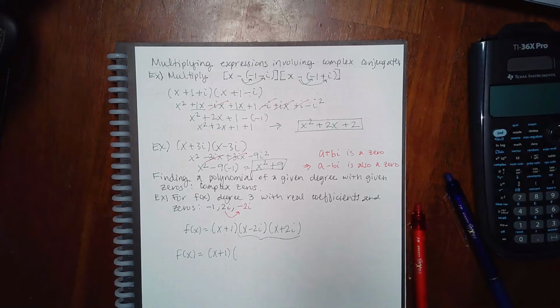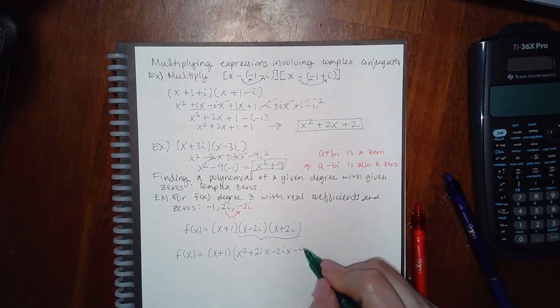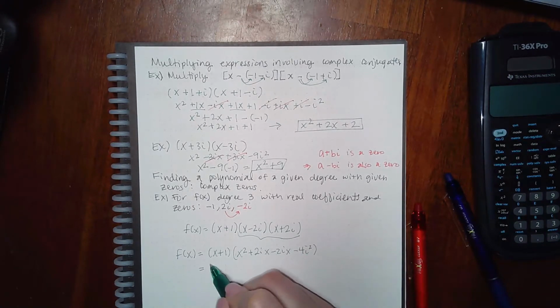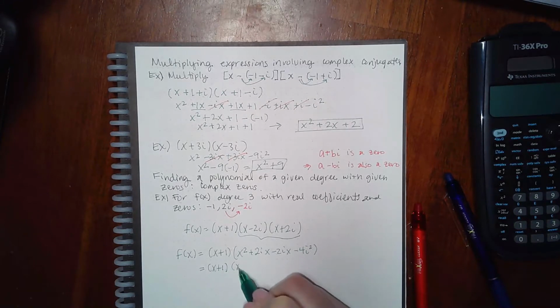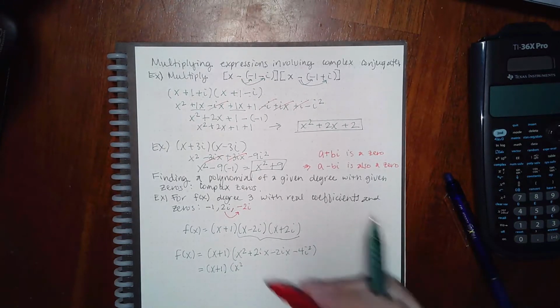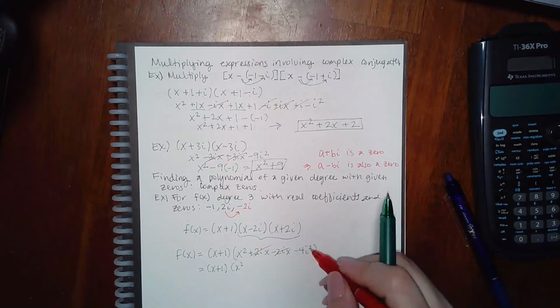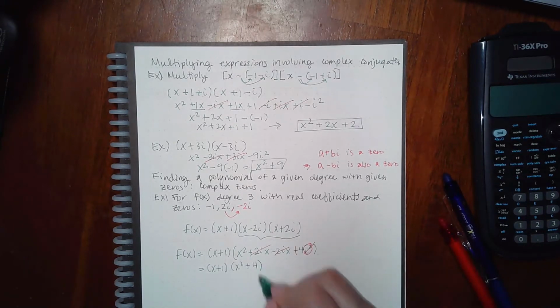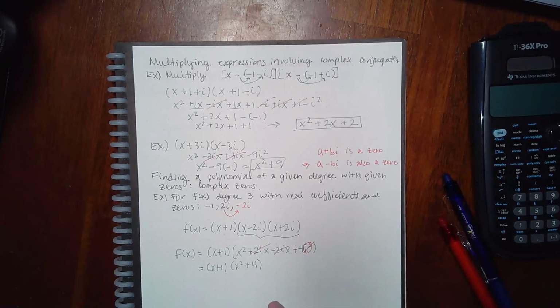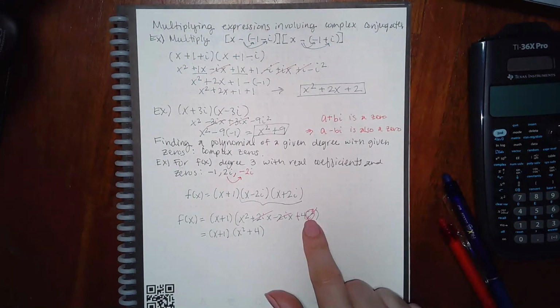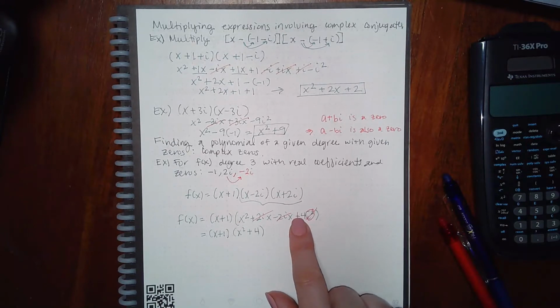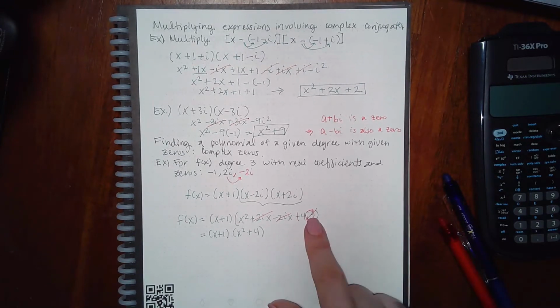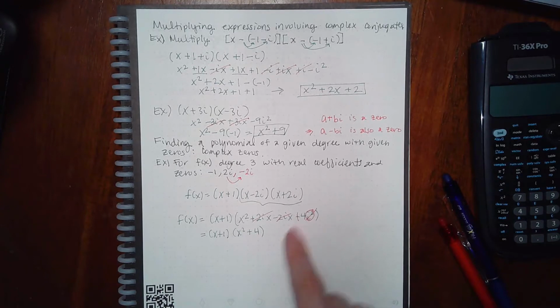For this product, we get x squared plus 2ix minus 2ix minus 4i squared. These will cancel, and the i squared just ends up changing this sign, right? Because it's a negative 1, and a negative times a negative will give me a positive. So I get x squared plus 4.